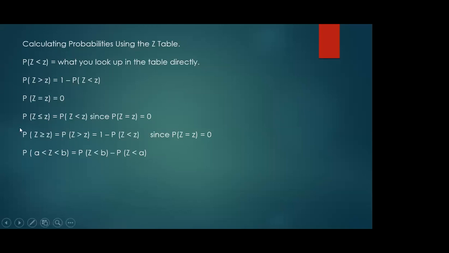And again, if they ask you the probability that Z is greater than or equal to z, it's just going to be the probability that Z is greater than z, because the probability that Z is equal to z is 0. So we just write 1 minus the probability.